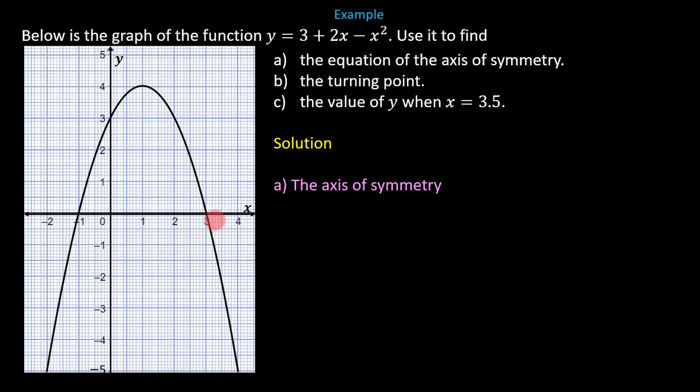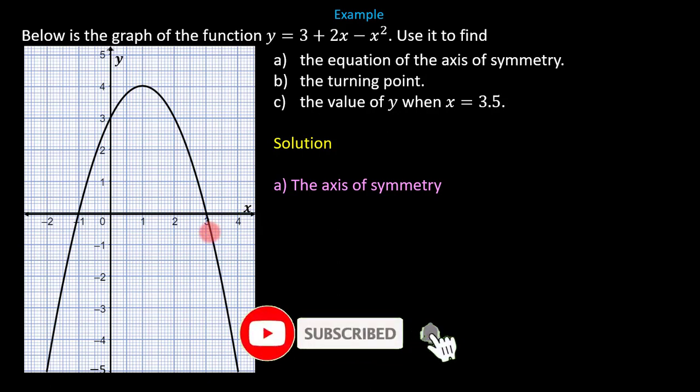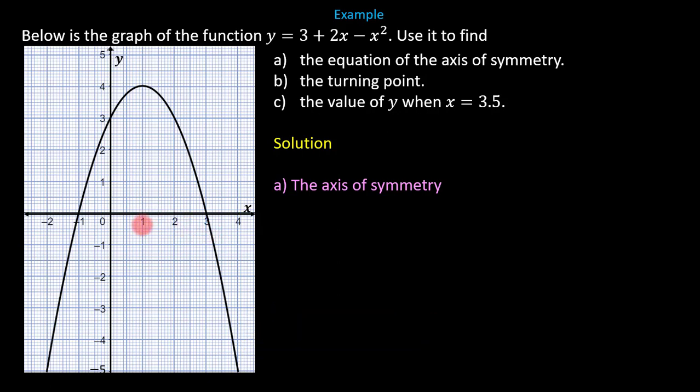Dividing it by 2 will give us 1. In other words, negative 1 plus 3 all divided by 2 will give us 1, and this is where it's located. So now if you trace a vertical line through 1, you realize that this vertical line is going to divide the graph into two equal parts.